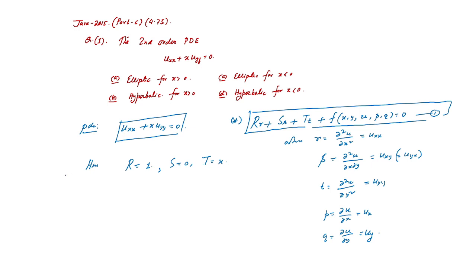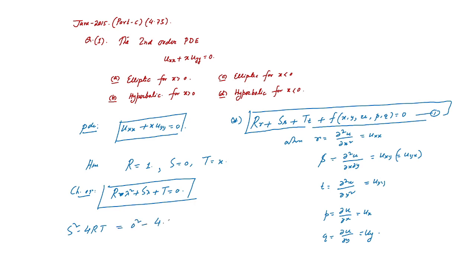So now we will consider the characteristic equation. This is R lambda square plus S lambda plus T equals 0. But here for the discriminant, I will think about S square minus 4RT. So what is S here? 0 square minus 4, R is 1, T is X. So that means it will be minus 4X.